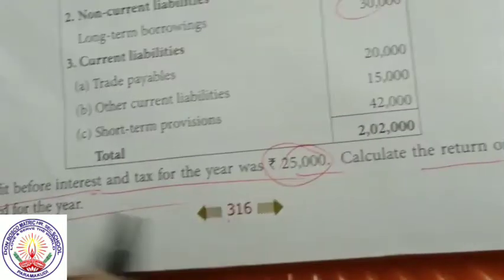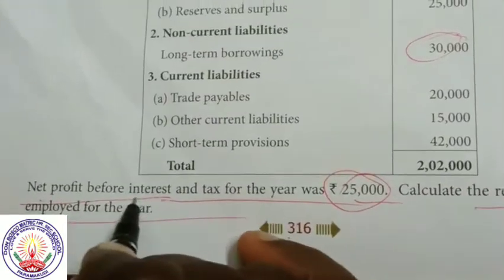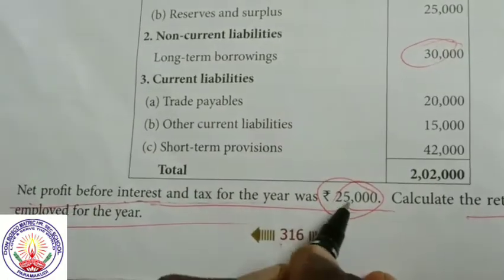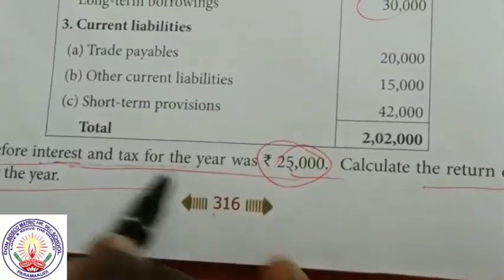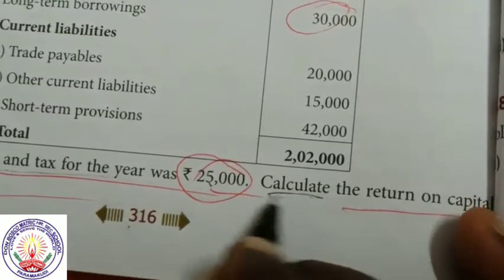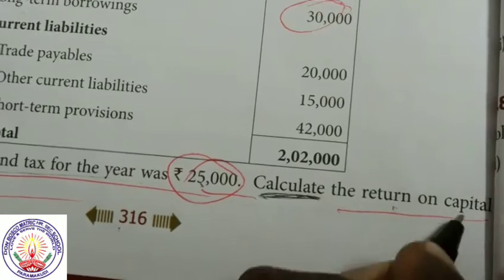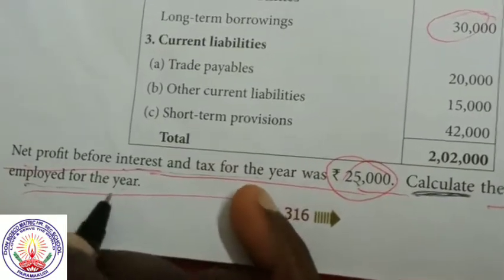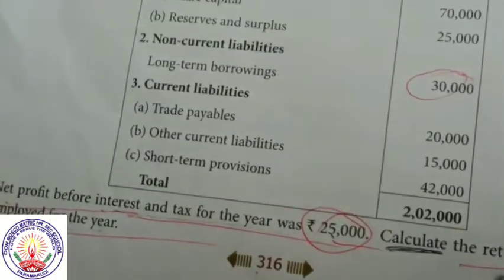Additional information: net profit before interest and tax was rupees 25,000, directly given. The question: calculate return on capital employed for the year.